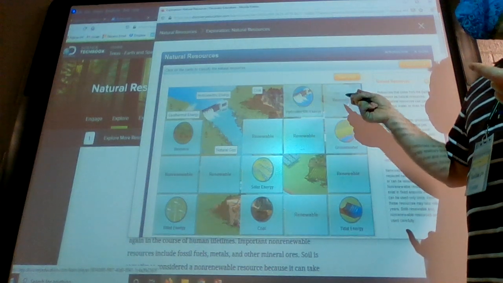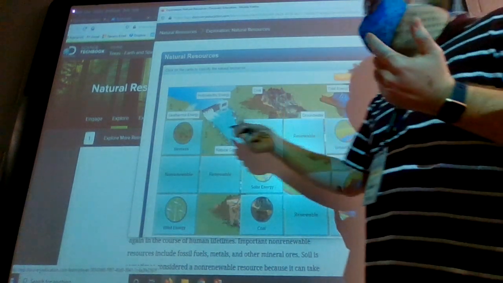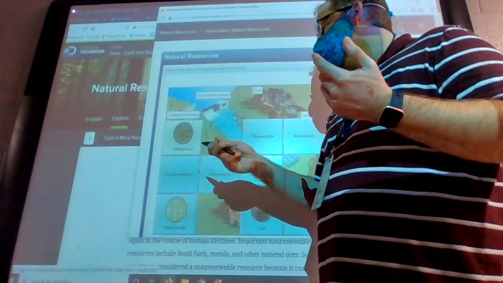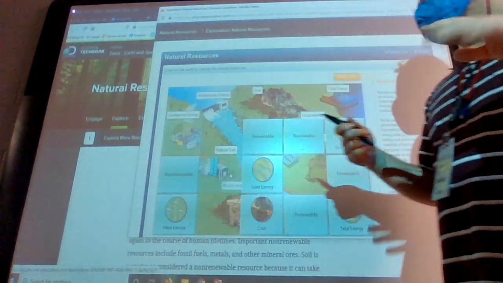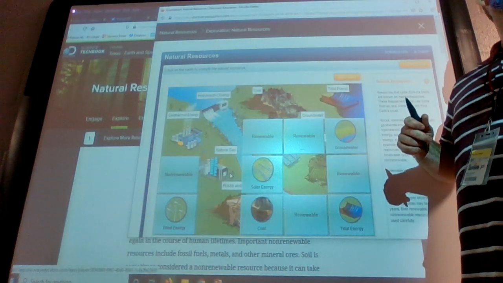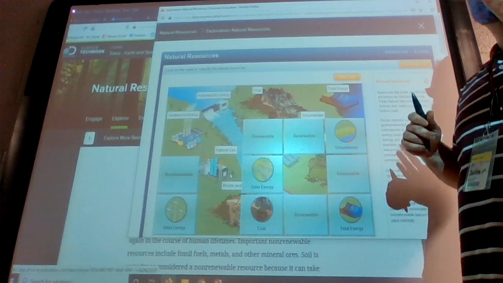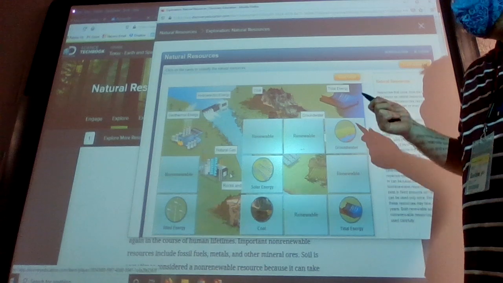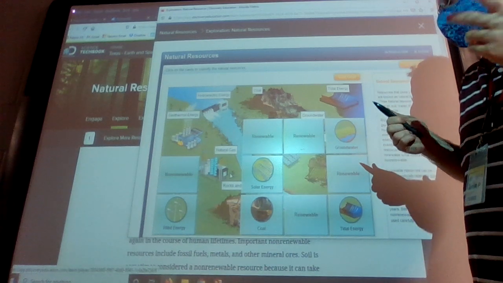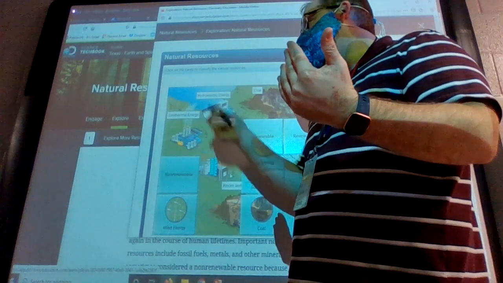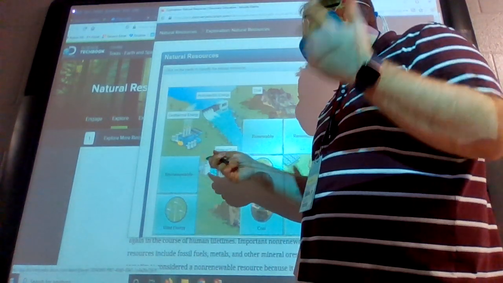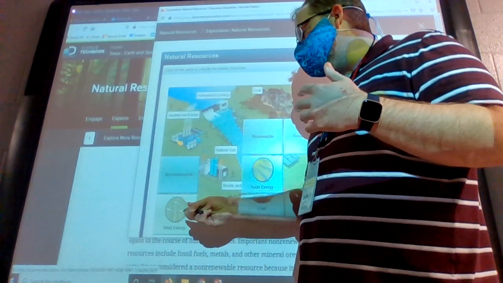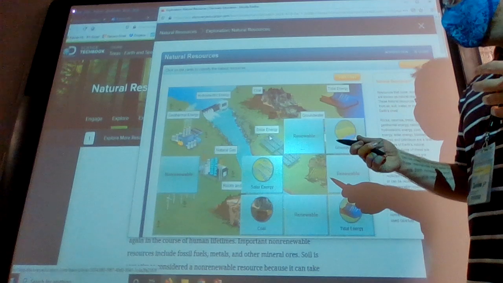Hydroelectric, renewable. The waves and the water keep coming. Biomass, renewable. It's going to be less renewable because you chop down a certain amount of trees or whatever you're using to burn. Usually it's wood. It's going to take a while to regrow those forests, so not immediately renewable like geothermal or hydroelectric, but it is renewable. Wind energy, renewable.